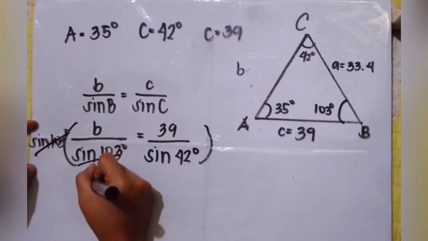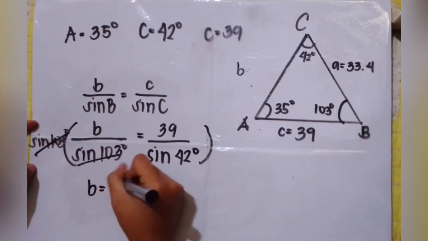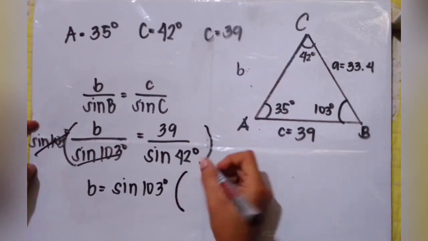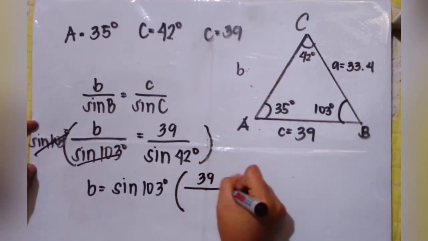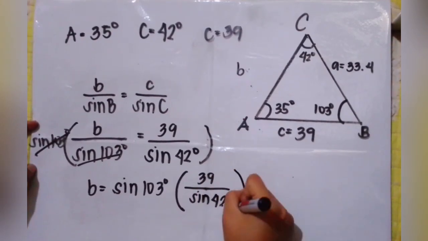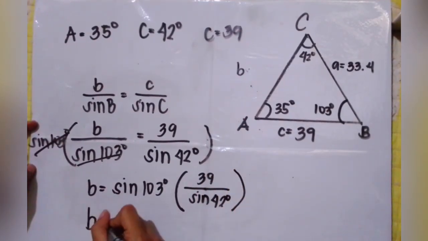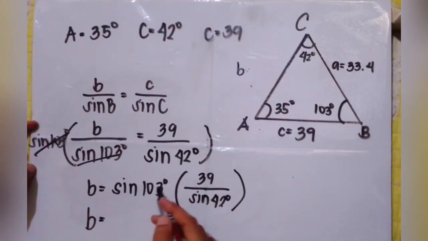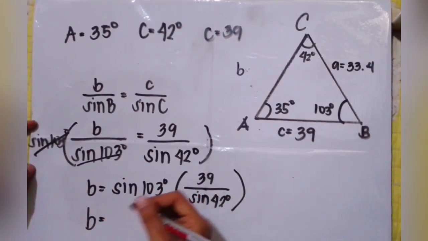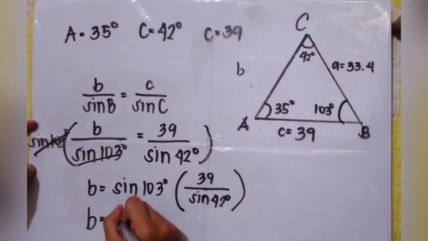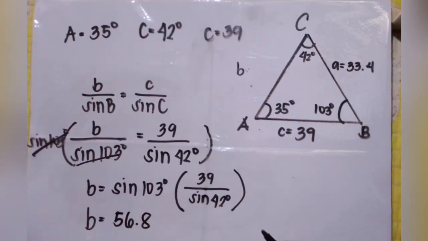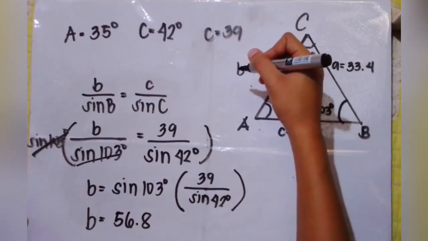Then cancel. Side B is equal to sine 103 degrees times 39 over sine 42 degrees, which is equal to 56.8. Therefore, our side B is equal to 56.8.